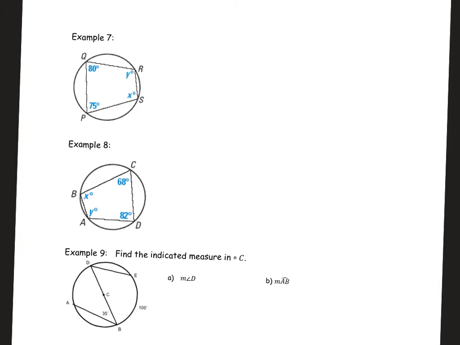So a couple examples here. Example 7, we can see we have quadrilateral QRSP inscribed in that circle. Vertex Q, vertex R, vertex S, vertex P all lie on that circle. So because it is able to be inscribed, we know that we have opposite angles needing to be supplementary. Okay, so I know that because QRSP is inscribed, the opposite angles must add up to 180 degrees.